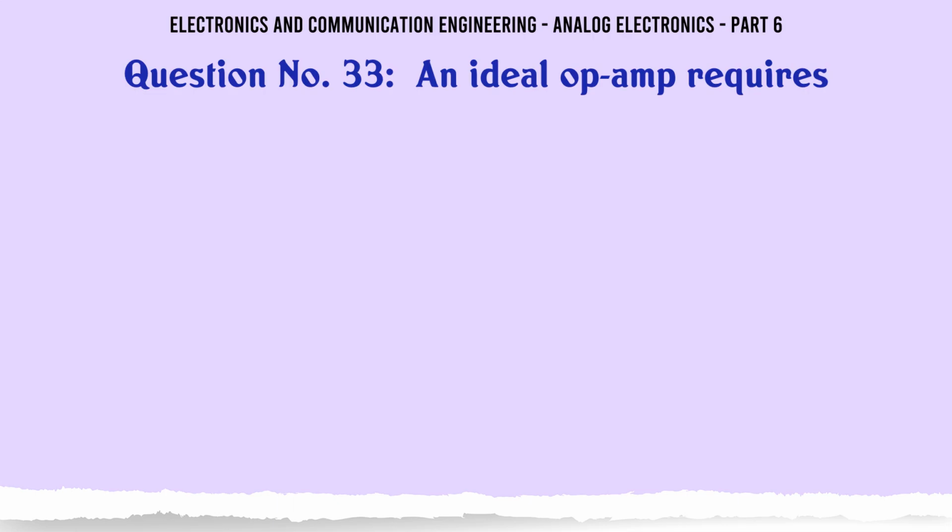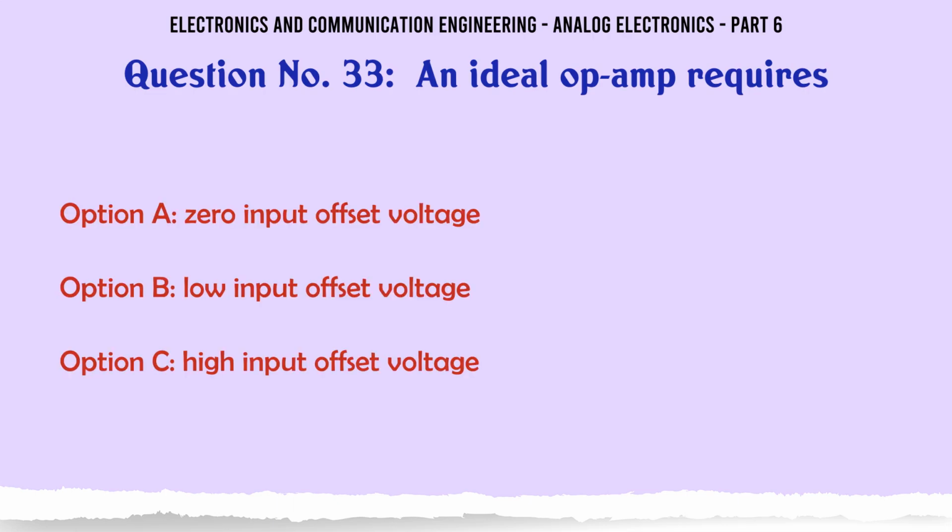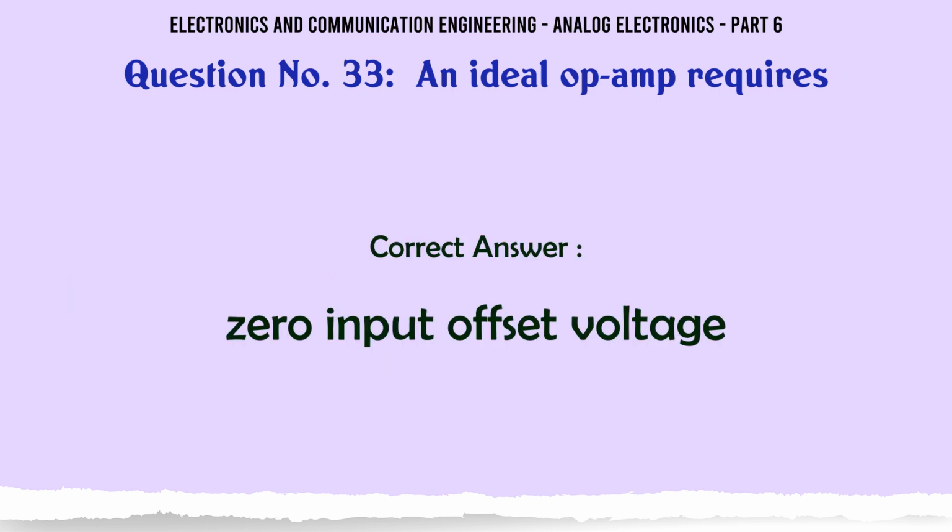An ideal op-amp requires: A. 0 input offset voltage, B. low input offset voltage, C. high input offset voltage, D. infinite input offset voltage. The correct answer is 0 input offset voltage.